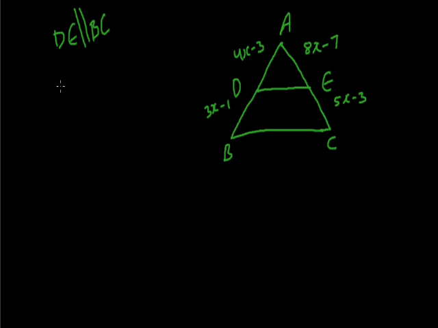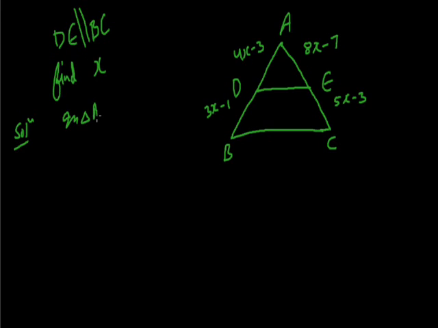Now in the question it is given that DE is parallel to BC and the lengths of AD, BD, AE and EC are given, and we have to find the value of x. So as DE is parallel to BC, we can apply the basic proportionality theorem.